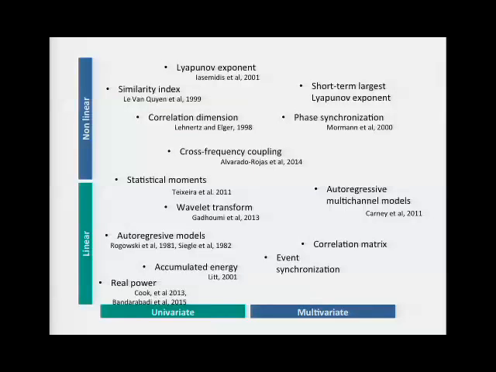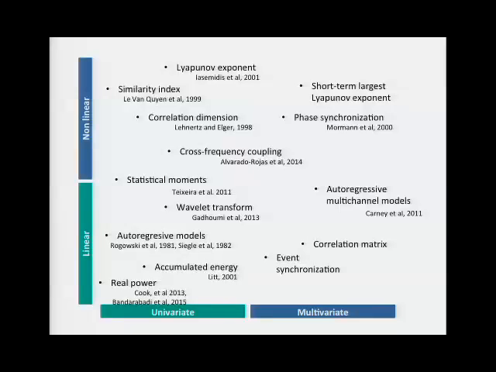For example, from univariate, from single channels, you can extract the real power using the Fourier transform or the wavelet transform, which are linear operations, and use that or some measures of that at the end, for example the wavelet entropy, to detect preictal periods.